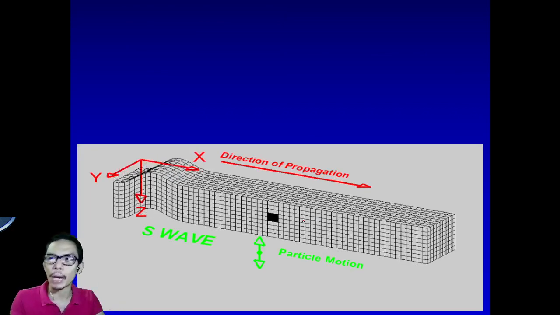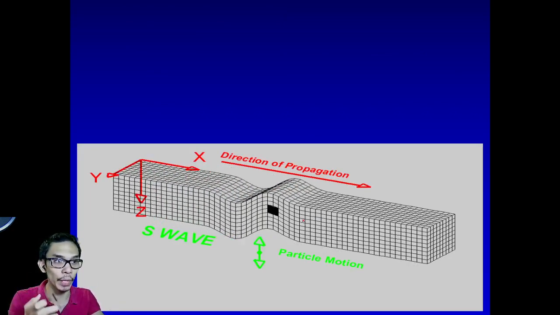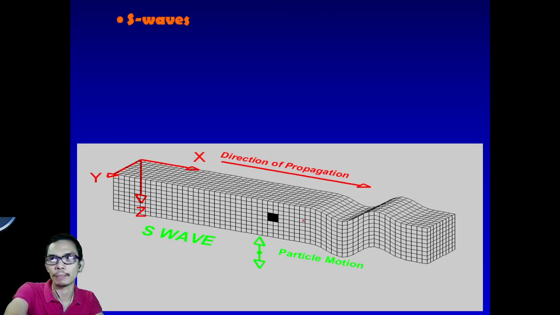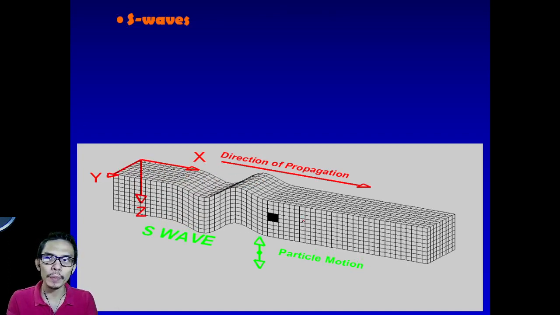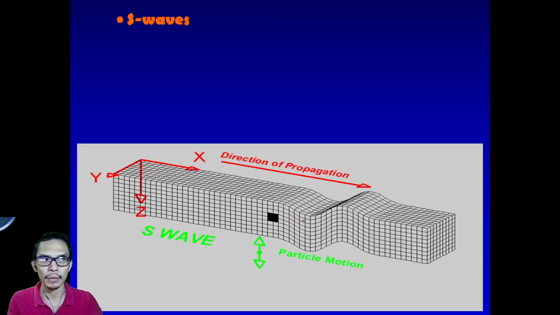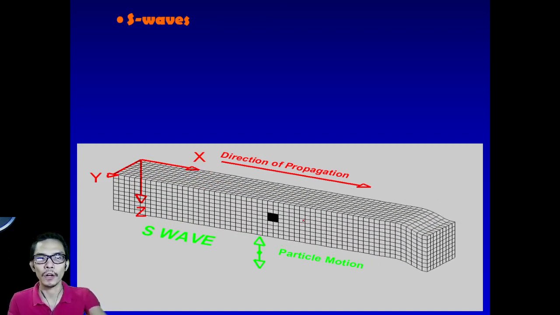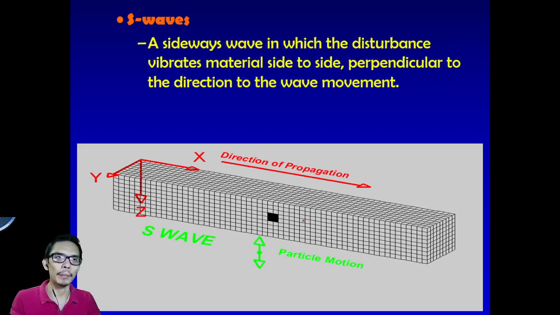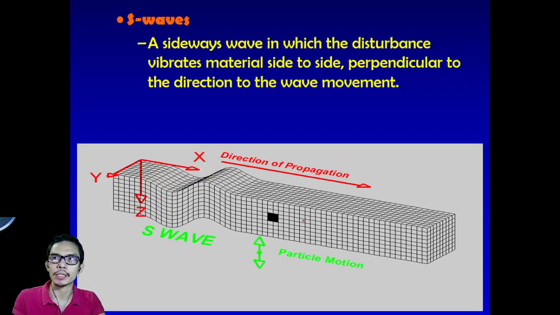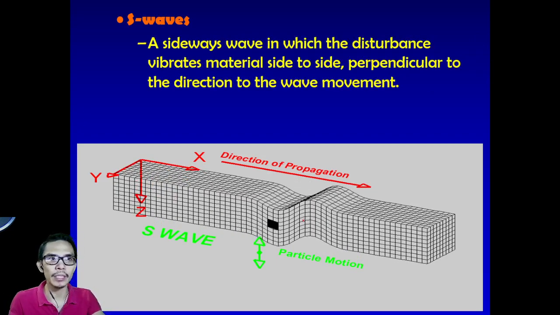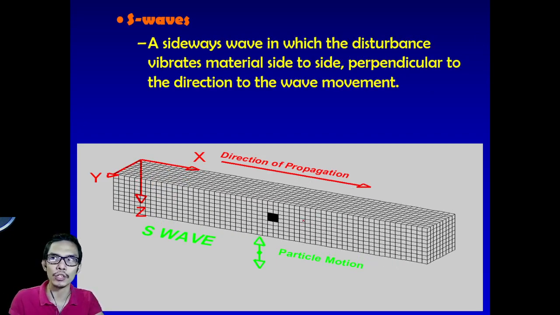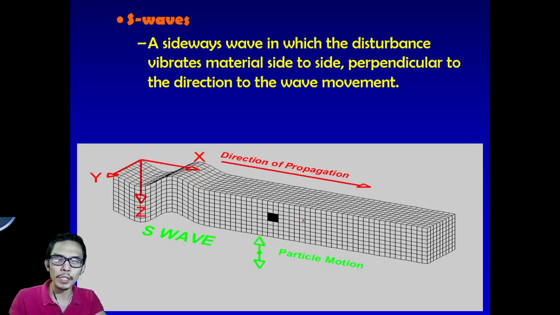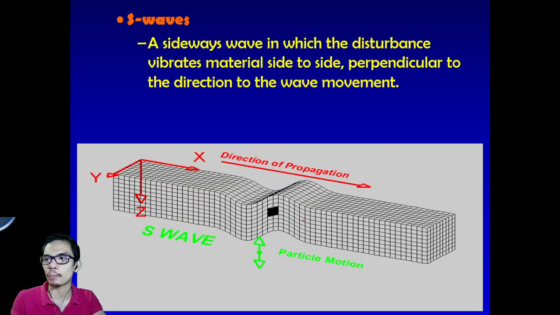The next type of body wave is the shear wave, or the S wave. So S waves are transverse waves. Compared to the P wave, the S wave is slower. The movement of the S wave vibrates the material side to side, and the movement is perpendicular to the direction of motion.